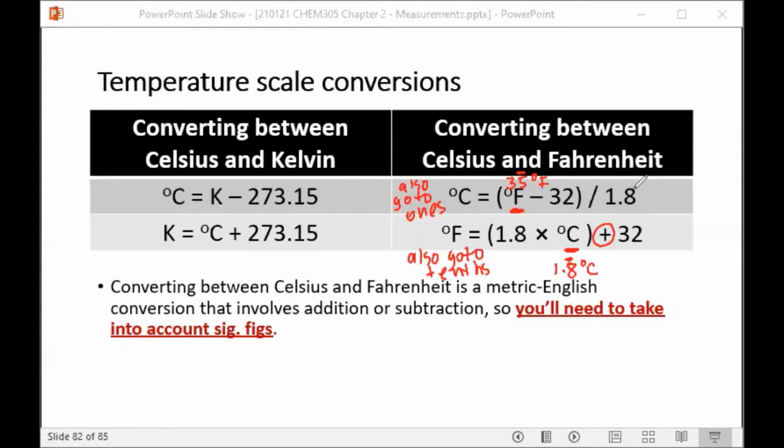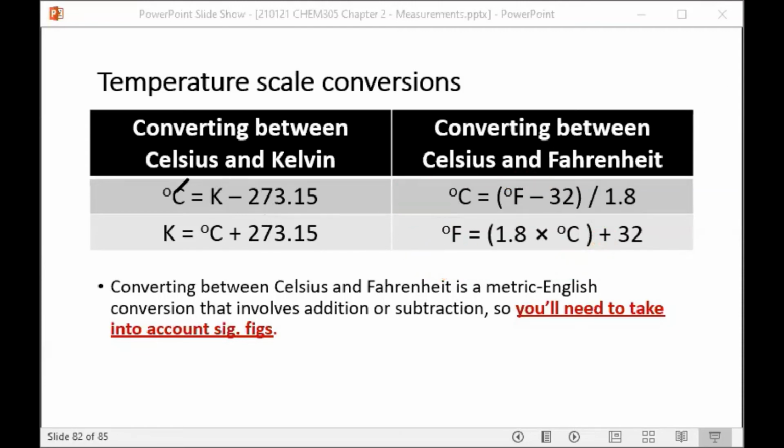So when you're figuring out sig figs for these Celsius to Fahrenheit and Fahrenheit to Celsius conversions, pay attention to the precision of your given value. If your given value, like you're starting out with Celsius, goes out to the 10th place or the 100th place, then that's how far out your Fahrenheit temperature will also go, and vice versa if we're going from Fahrenheit to Celsius.